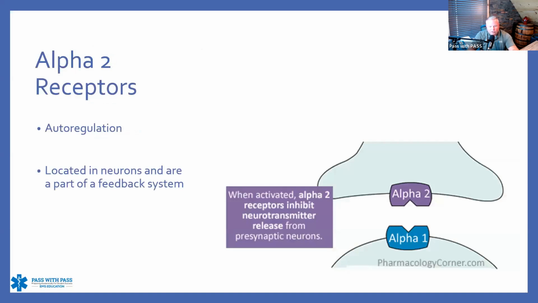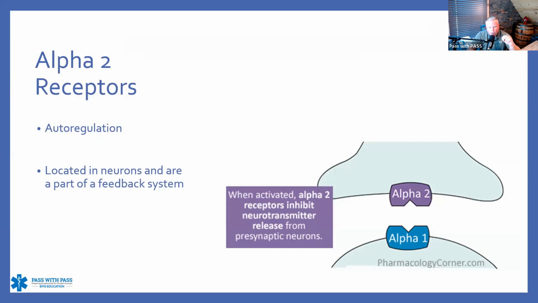As far as your alpha 2, there are medications out there that are alpha 2 receptor effectors. Catapres or clonidine is one. So any of your hypertension medications, some of them may fall into this classification, but we just don't talk about it that much. And as I told you, basically it's an autoregulation thing. It's a negative feedback system.